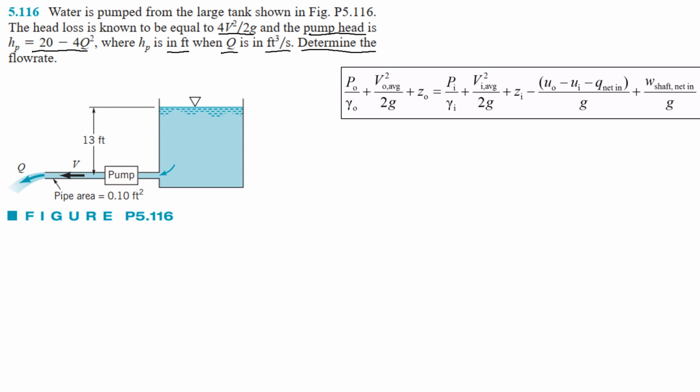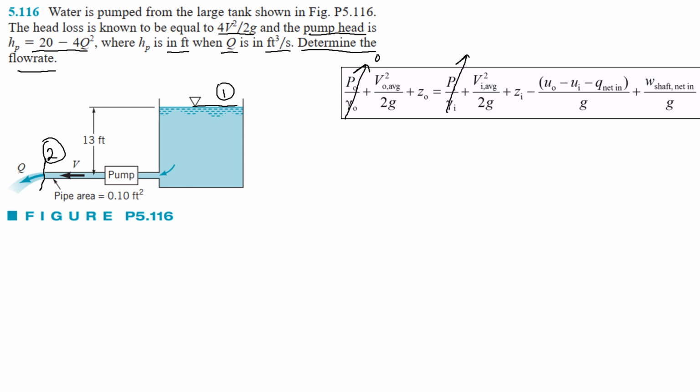Determine the flow rate. So what we are going to do is we are going to measure the flow rate associated with this pump. So using this equation, first of all, this is our section 1, this surface of water, and at the exit we will have our section 2. So at section 1 and section 2, pressure will be atmospheric pressure.